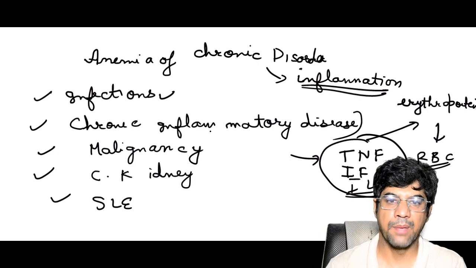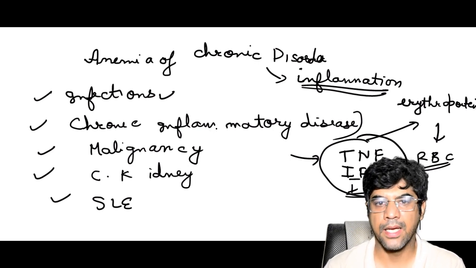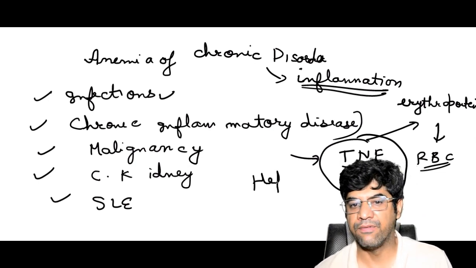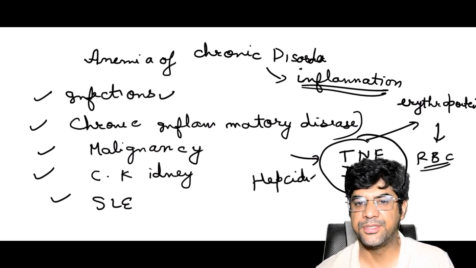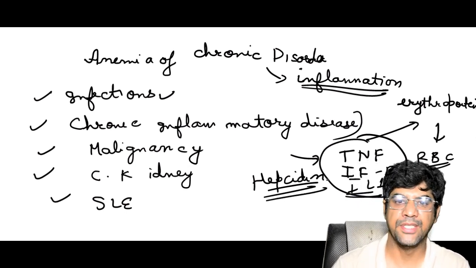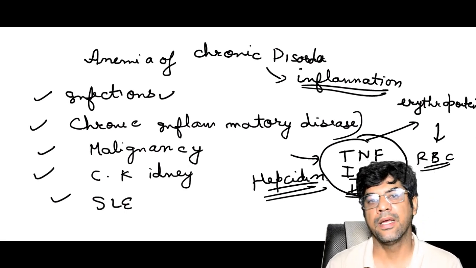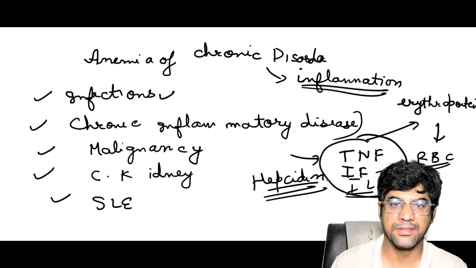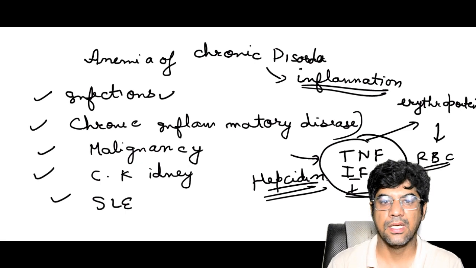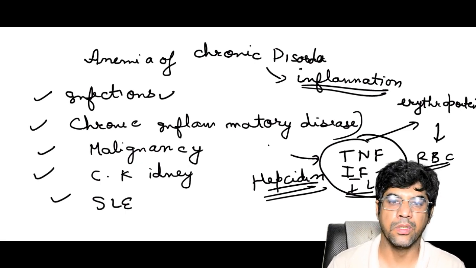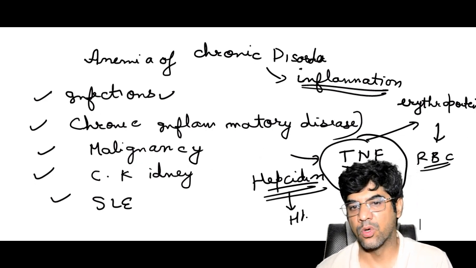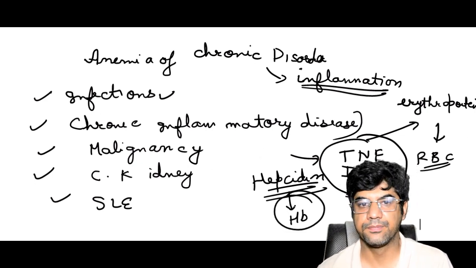Remember, there is an important iron regulatory hormone that increases during inflammation, that is hepcidin. So this hepcidin would inhibit the iron absorption from the intestine and the release of iron from the macrophages, which would lead to reduced availability of iron for hemoglobin synthesis.